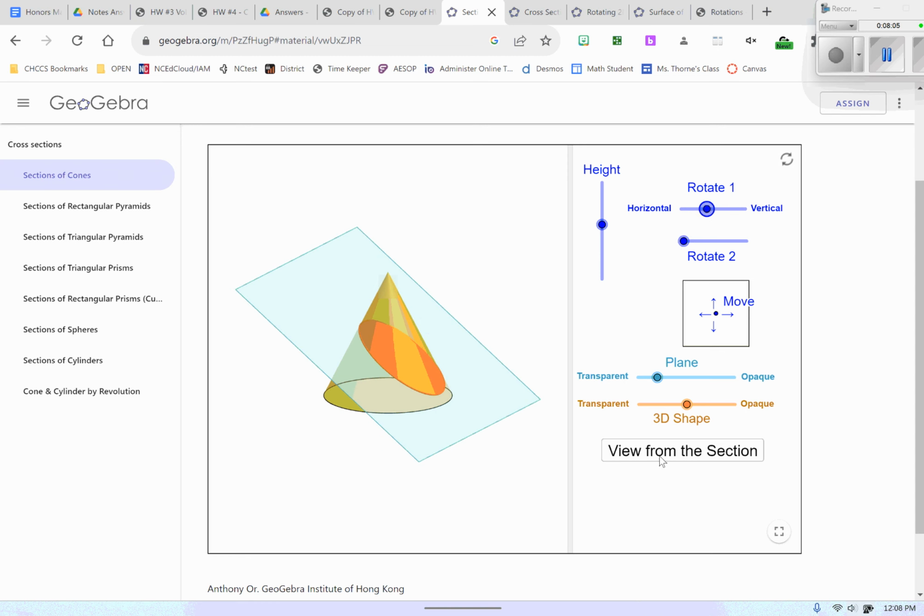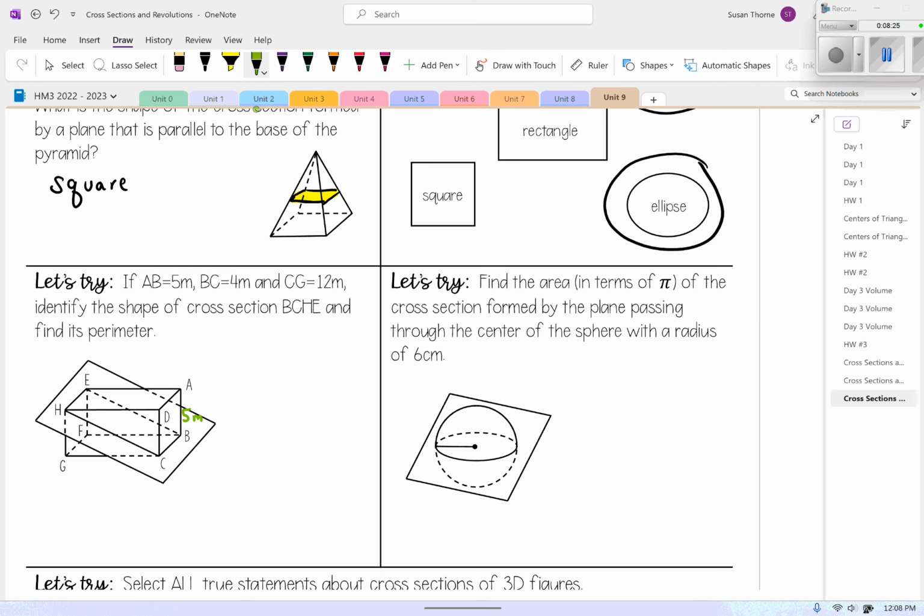All right, if AB is 5, so that's saying that this side is 5 meters, and BC is 4 meters and CG is 12 meters. Identify the shape of the cross section BCHE and find its perimeter.